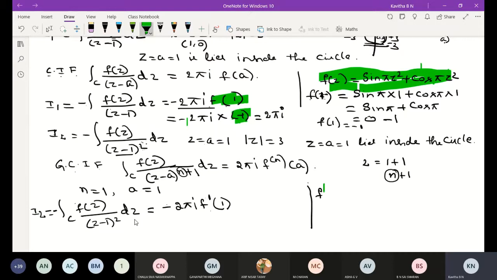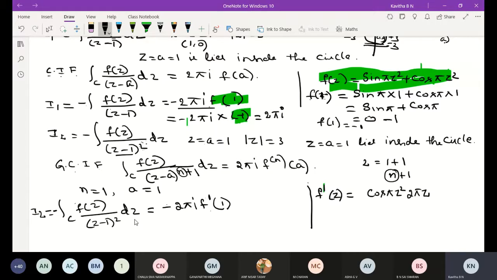Find out f dash of z. F dash of z is equal to the differentiation of sin pi z square, which is cos pi z square, then differentiating the inner part z square gives 2z, times pi, so 2 pi z.